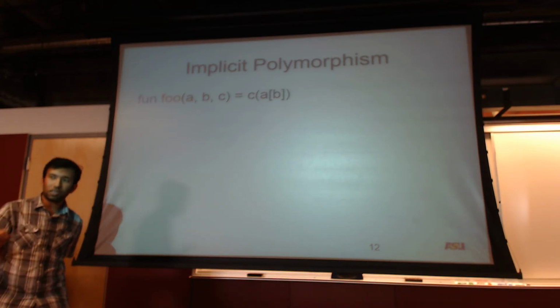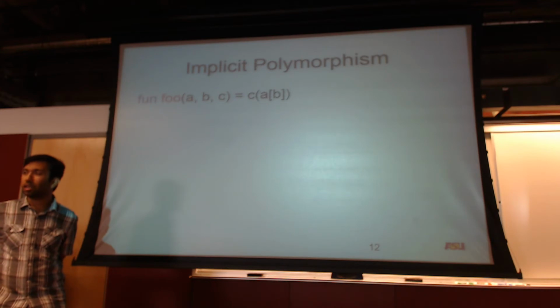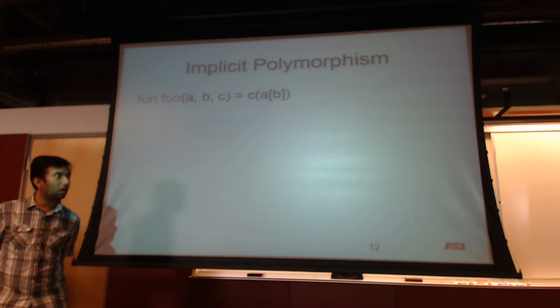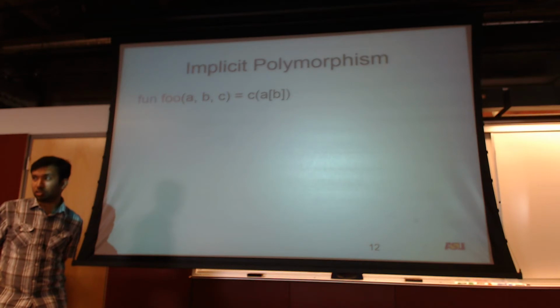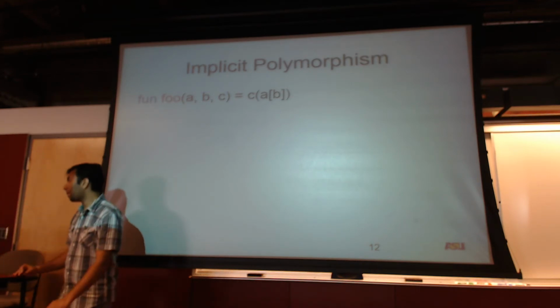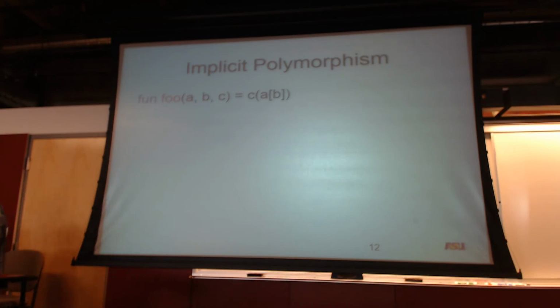So if B is an int, what is A? So what do you give as the most generic type? It's an array of T. But if you want to give the type to A, then you have to give a range. What range do you give?